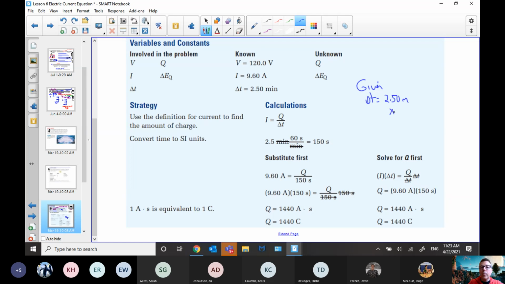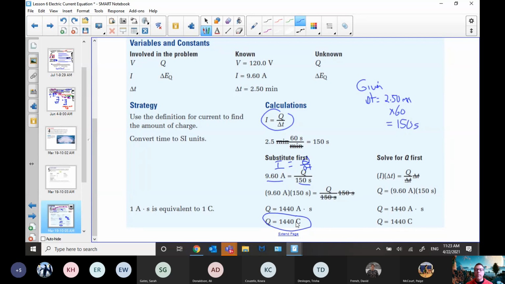And then you're like, oh, let's multiply that by 60 to get the number of seconds, 150 seconds. And then, of course, later on, you're putting these things into the equation, right? So that's down here. So this is your I equals Q over delta T. There. So we put the current value in, put the time value in seconds, multiply, and get this many coulombs went through the circuit.